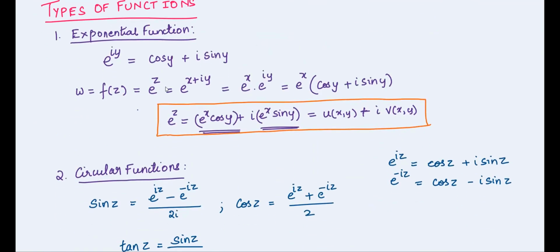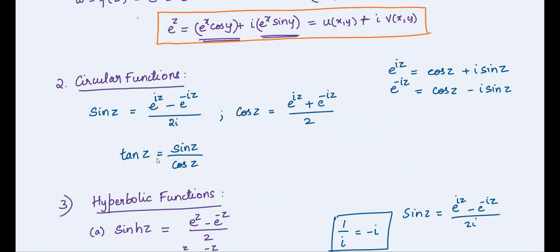Exponential function, important. e power z is e power x cos y plus i times e power x sin y, or e power x times cos y plus i sin y. So this is an exponential function. Circular functions: sine function is defined in terms of exponential function as e power iz minus e power minus iz upon 2i. That is sine function.